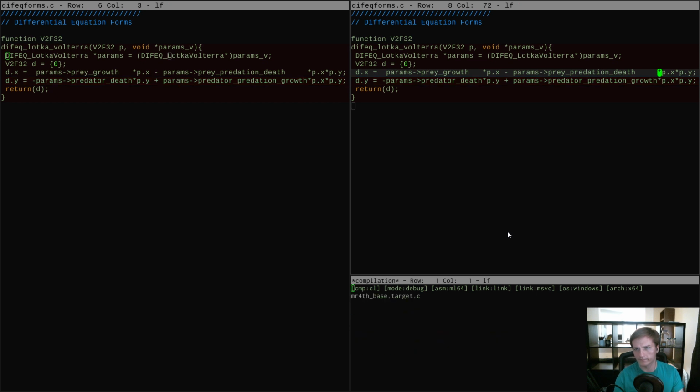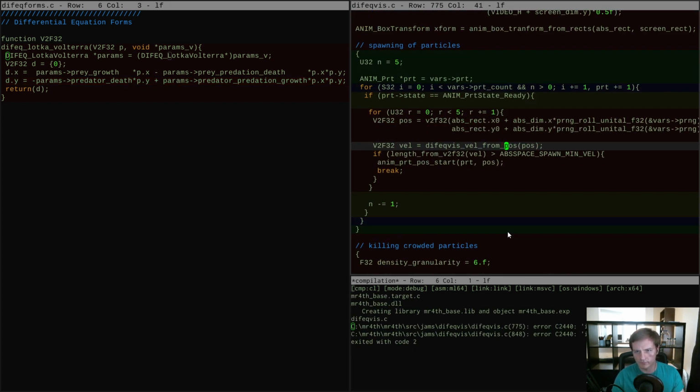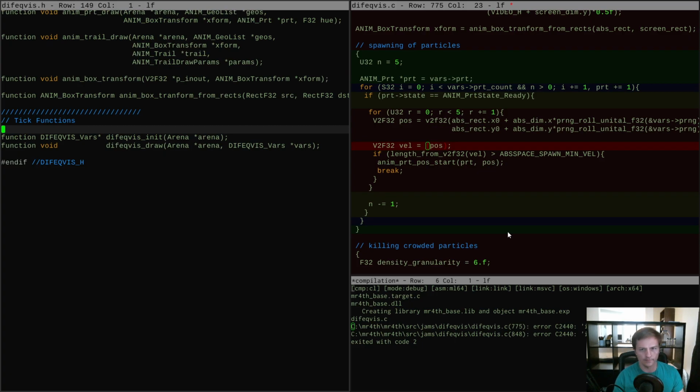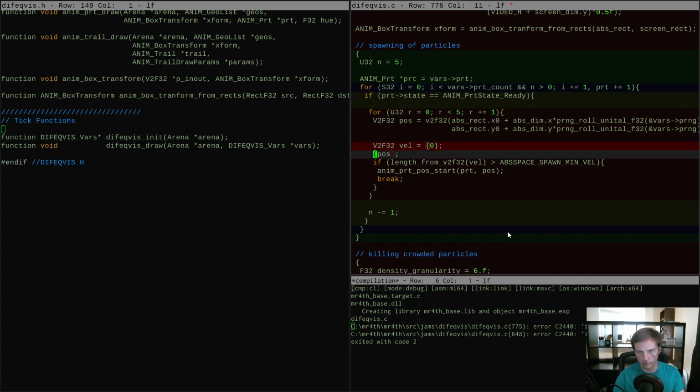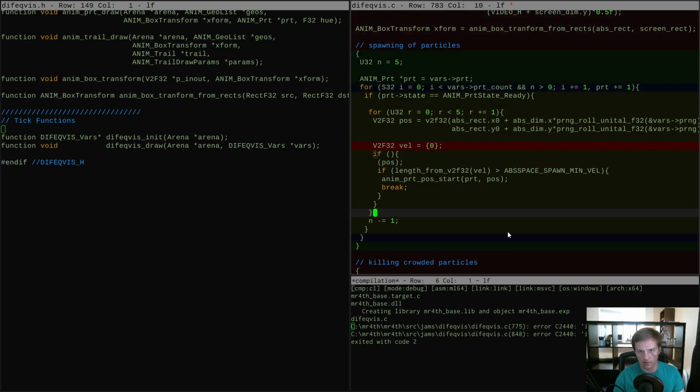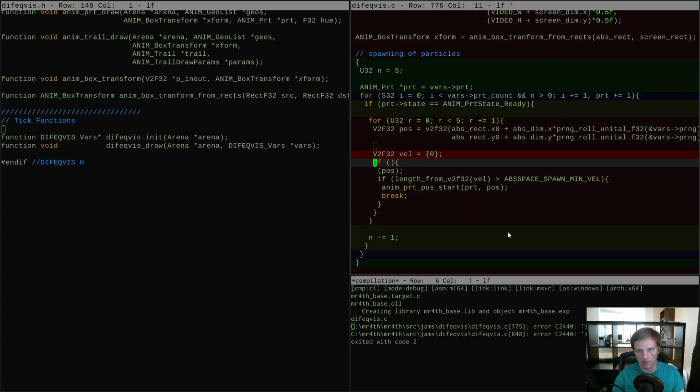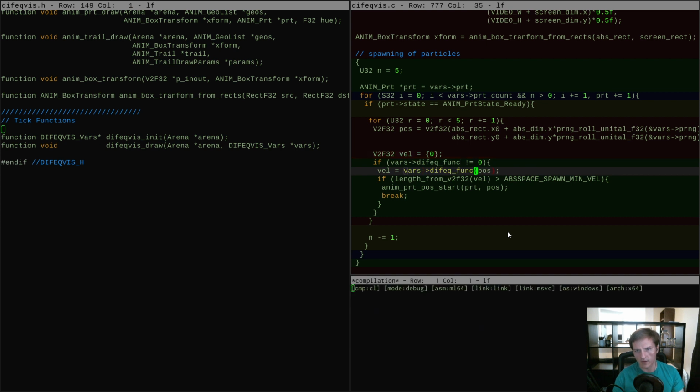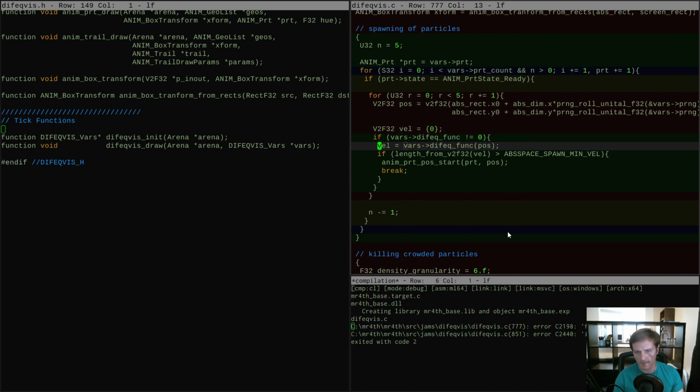Growth. This is now going to be: if vars diffeqfunc does not equal 0, run the diffeqfunc here and pass in the params.